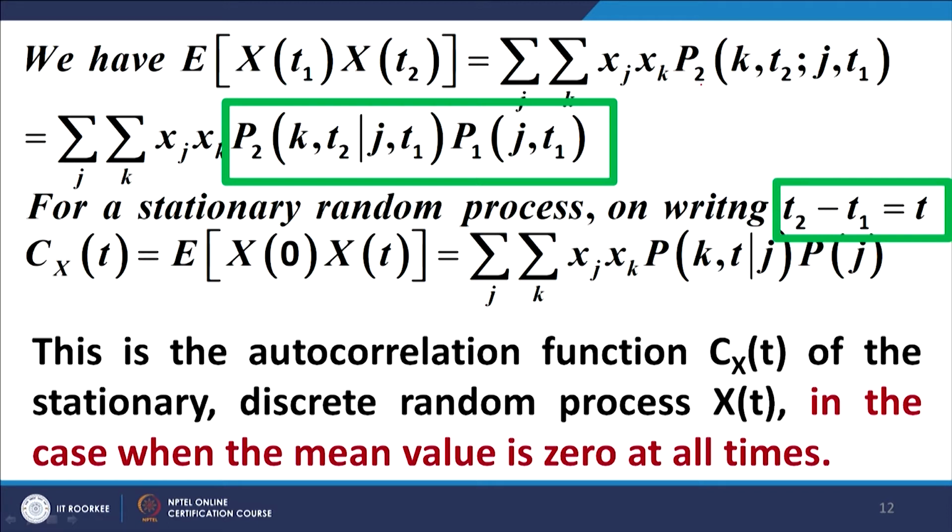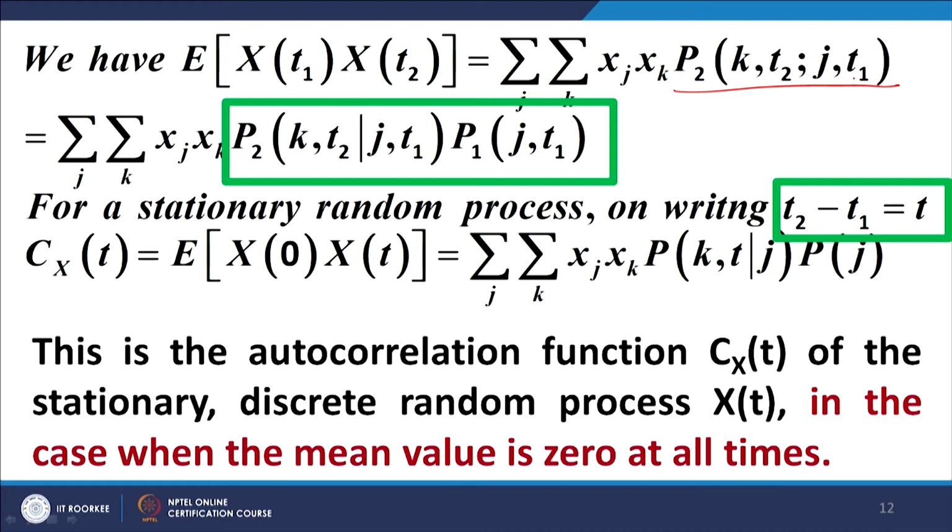Now, this joint probability can be simplified further, and by using Bayes theorem we can express it as a 2 time conditional probability and a 1 time probability. For a stationary process, it gets simplified further because time translation does not change the properties of the system.